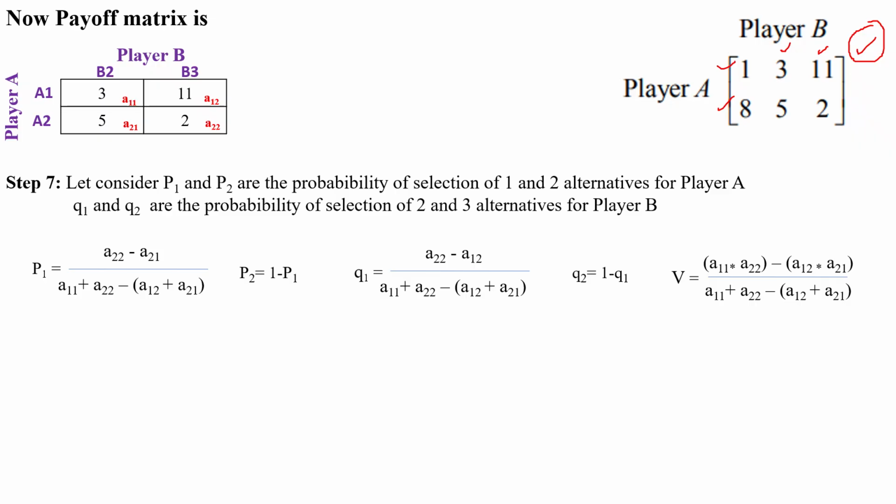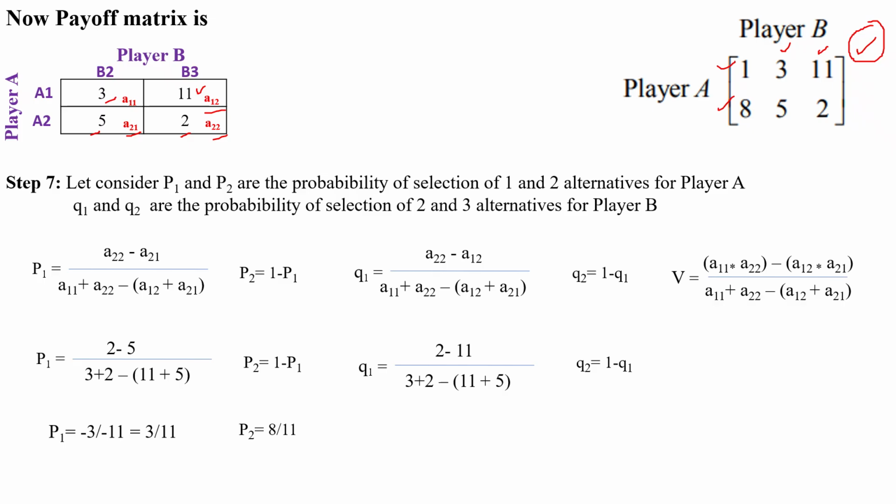Let's consider A11 is 3, A12 is 11, A21 is 5, A22 is 2. Then substitute these values. We will get the P1 value as 3 by 11 and P2 is 1 minus P1, so P2 value is 8 by 11. Similarly, substitute the A11, A12, A21 and A22 values in the Q1 formula.